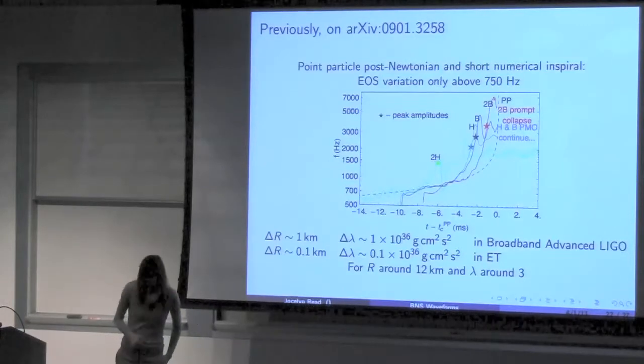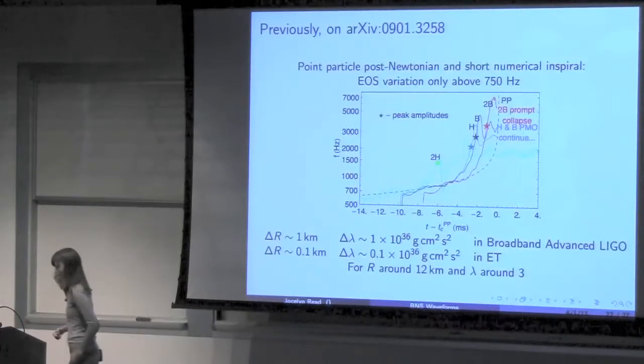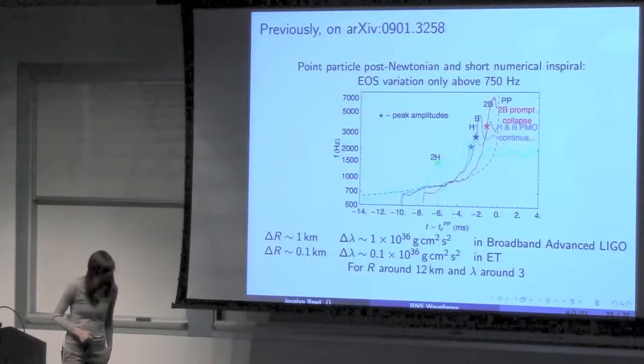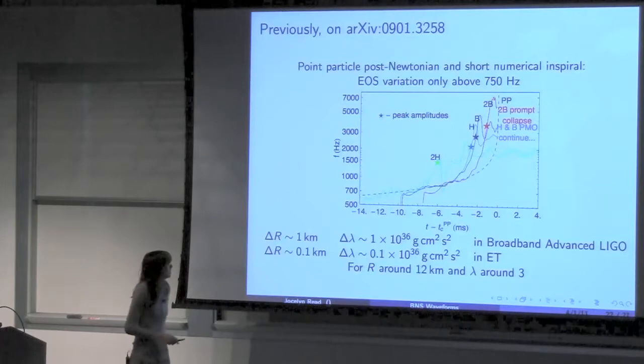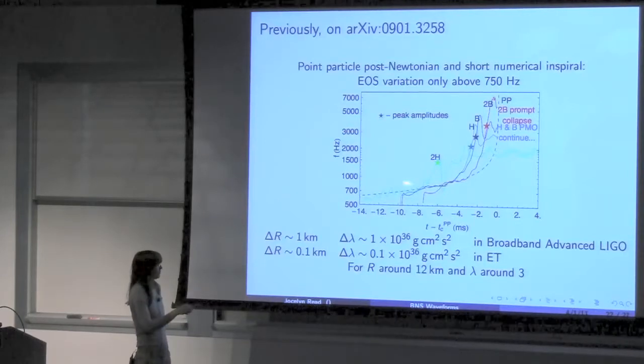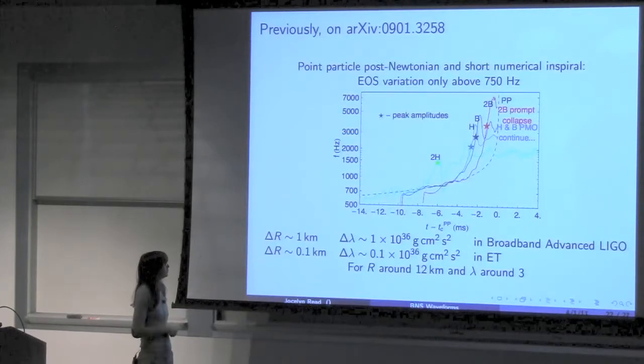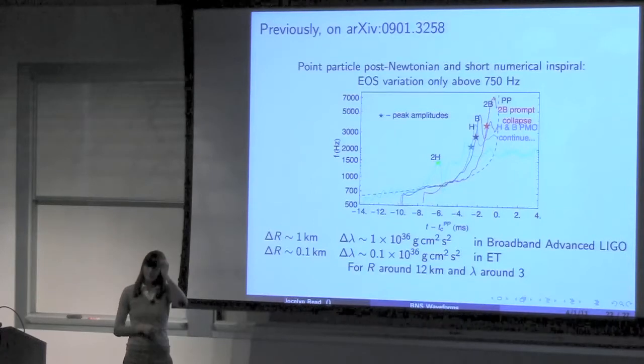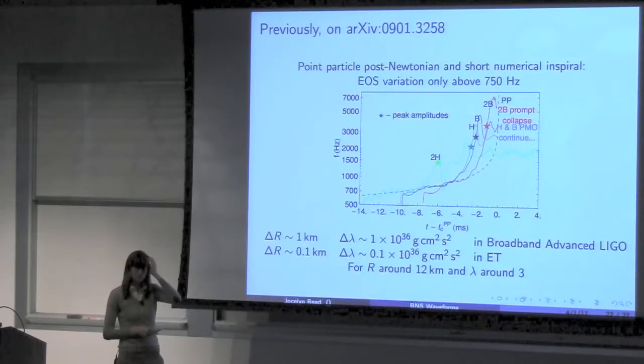So this was the first version of this. This is a paper that I worked on a couple of years ago. And at that point we had fairly short waveforms, and we didn't have the full post-Newtonian description, or at least I didn't have the full PN plus lambda description.